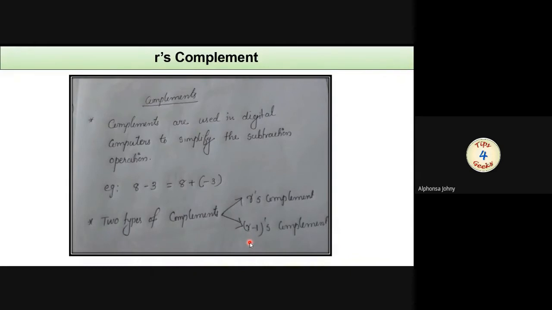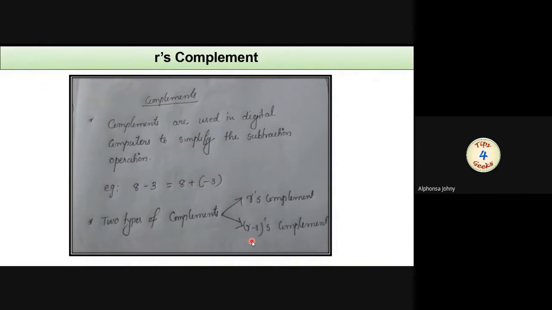What about the binary number system, where R is equal to 2? There is 2's complement and 2 minus 1, that is 1's complement. So once again, in the decimal number system, 10's complement and 9's complement. In the binary number system, 2's complement and 1's complement.